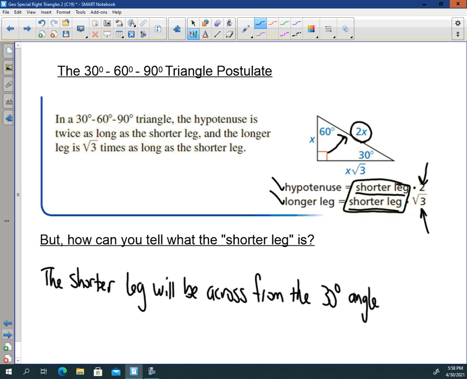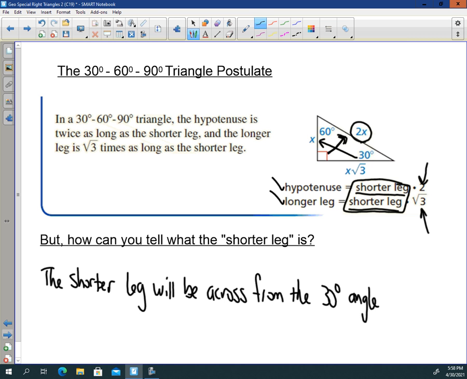Every single time. The shorter leg will be across from the 30 degree angle. And just like when we draw an arrow across to find the hypotenuse, we can do the same thing and find the shorter leg. And once you know that, everything else is just putting the right pieces in.